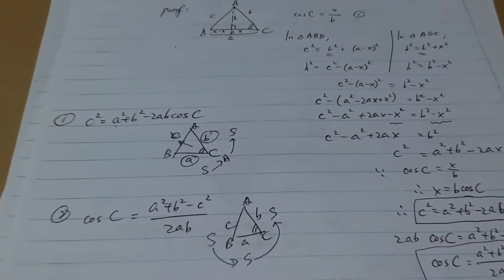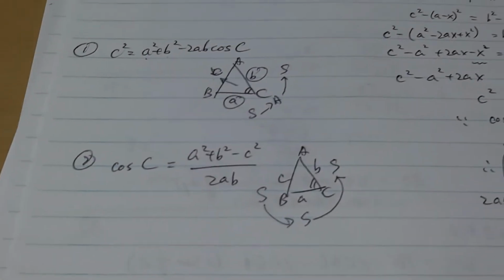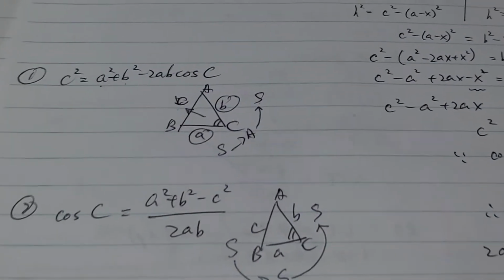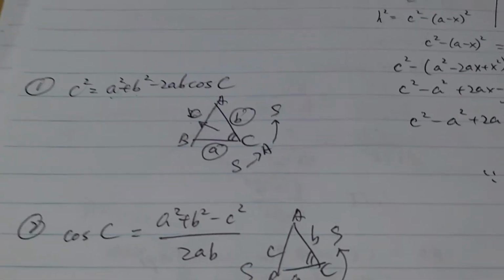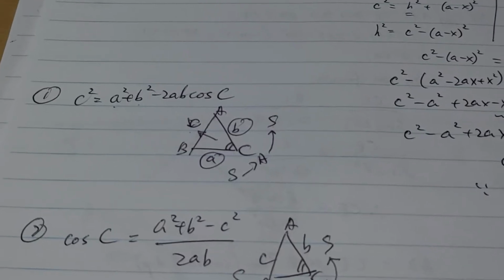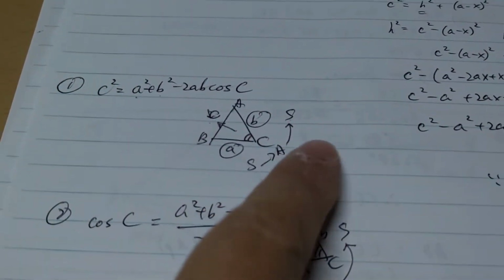So in the last section, we have learned two formulae for cosine formula. The first one is c squared equal to a squared plus b squared minus 2ab cosine c. We will use it when we have SAS, side angle side.